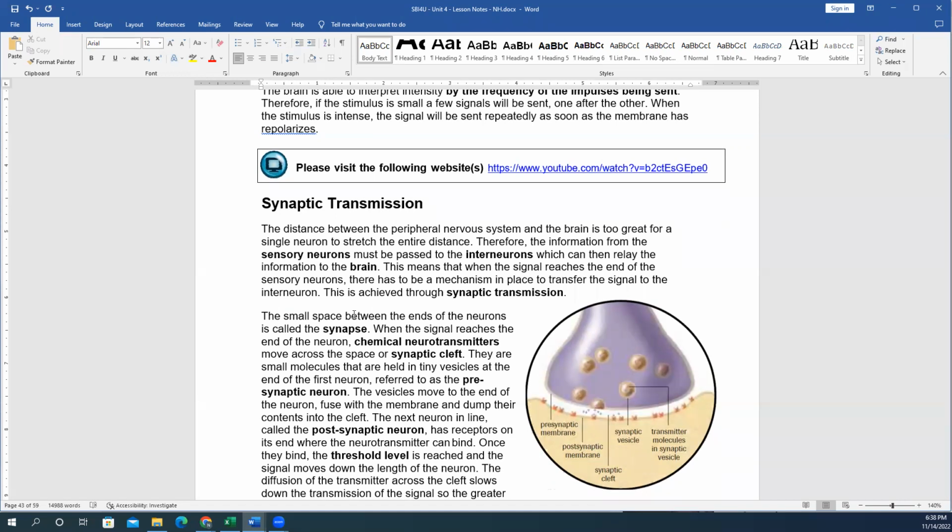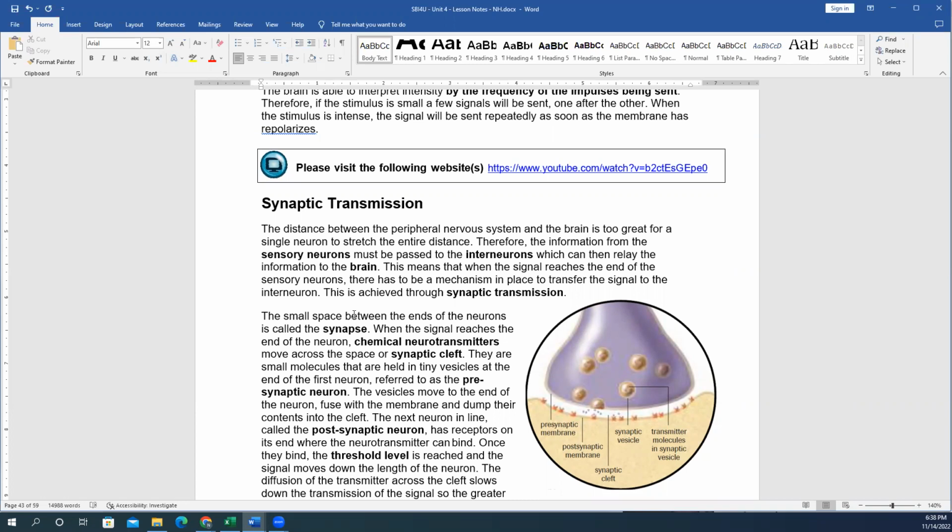So the information from the sensory neurons in your fingertips or feet has to be passed to interneurons, which will then pass it along to the nerves of the brain.